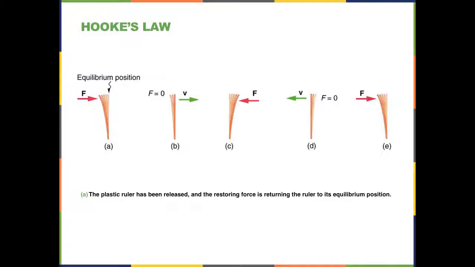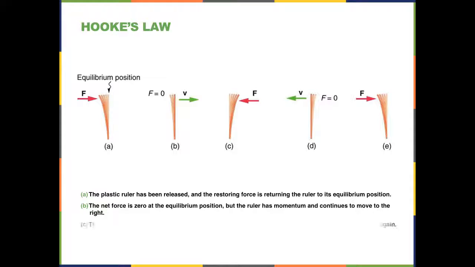However, it has velocity. And because it has velocity, it has momentum and it continues to move. And so it actually deforms again, and it reaches the point shown in figure C. Now at that point, there's another restoring force, and it's in the opposite direction. And it then moves the ruler back toward the equilibrium position.